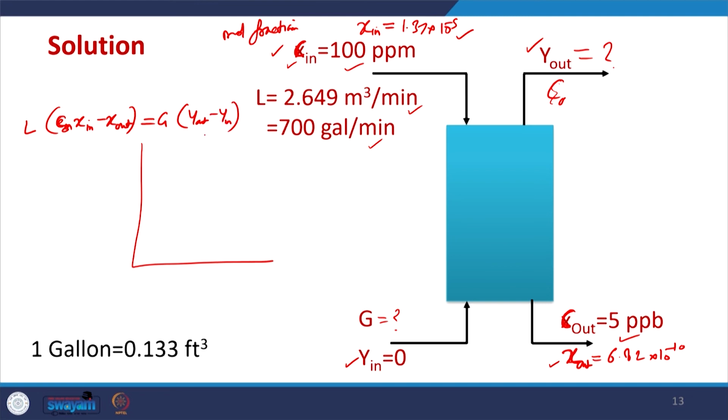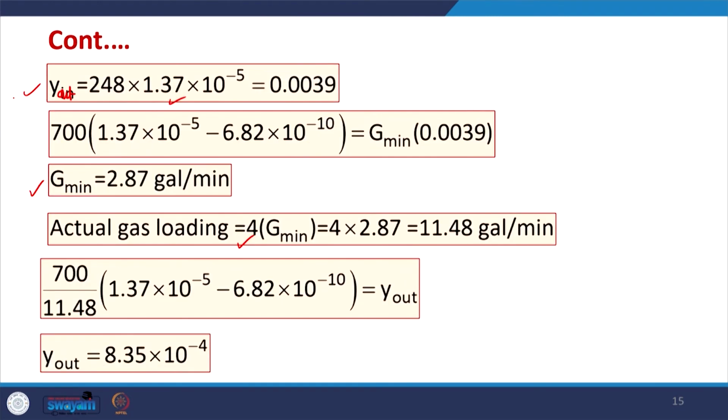So, this is the material balance and using this we can find out the G minimum. From that we are assuming that the actual gas loading has to be around 4 times the minimum value.